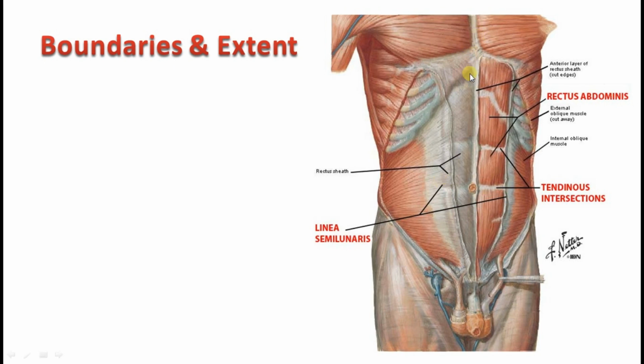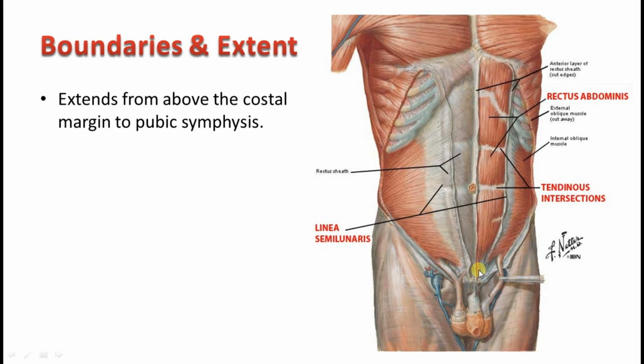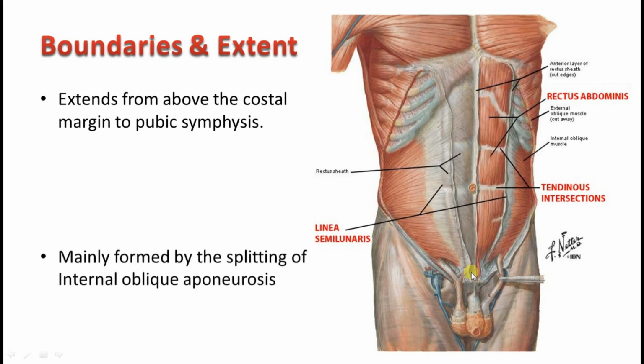It extends above to the costal margin, and below up to the pubic symphysis. Above the costal margin it extends on top of the xiphoid process, and from there it extends up till the pubic symphysis.